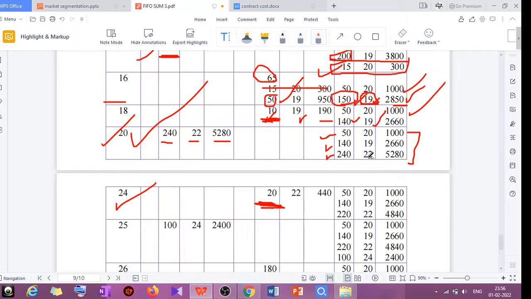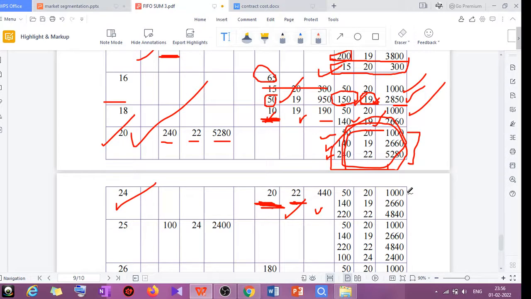So it is still there in the stores, right? You can see here it is still there in the stores. So you can issue how much? When you are returning, it is an issue, rate is 22. Got it. So 20 into 22 will be 440.